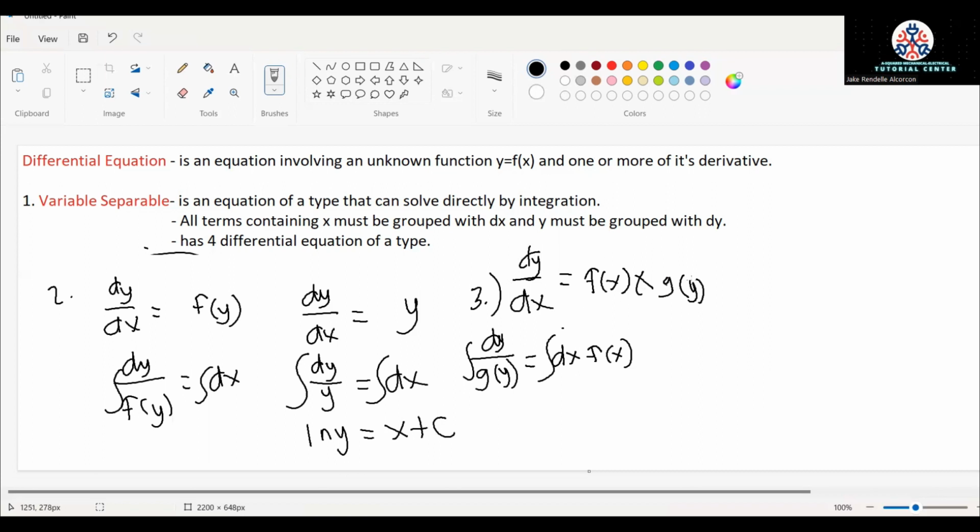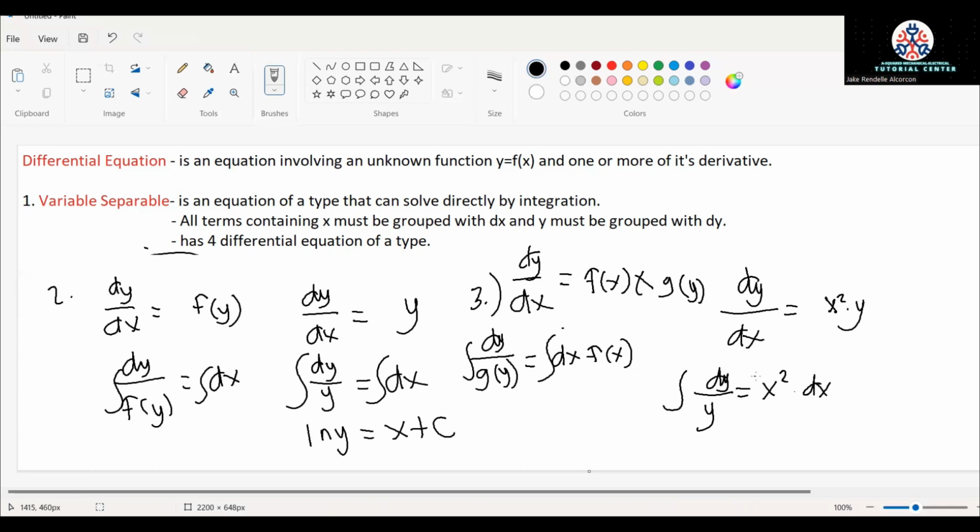But if we put values for the function of x and the function of y, let's say dy over dx equals x squared times y. What will happen is dy over y equals x squared times dx.